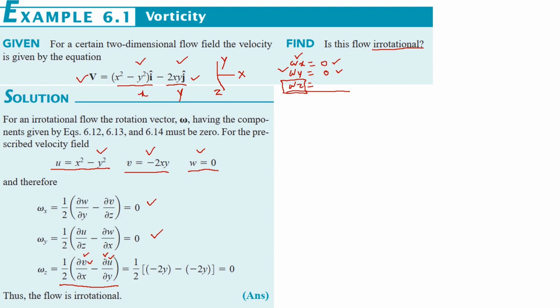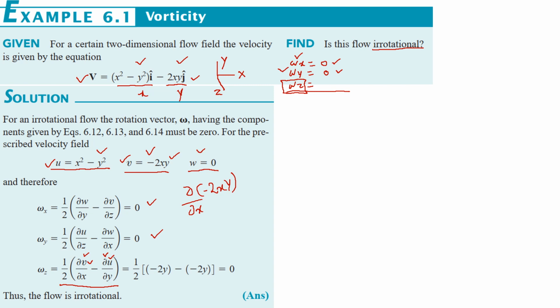Taking the partial derivative with respect to x of the v velocity, that is partial over partial x of minus 2xy. We can only derive this with respect to x, because if we take the partial derivative of this with respect to y, it will turn out to be 0.